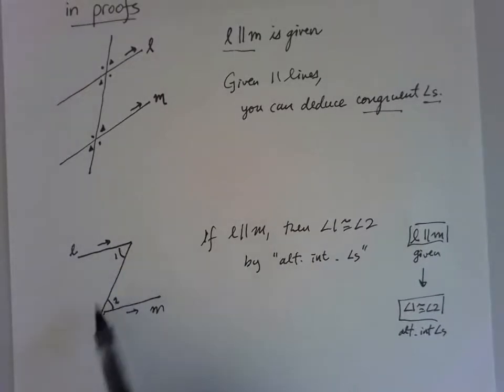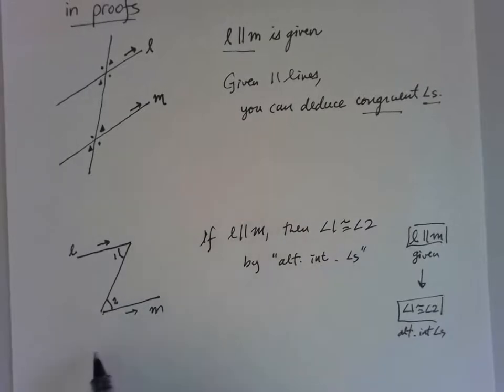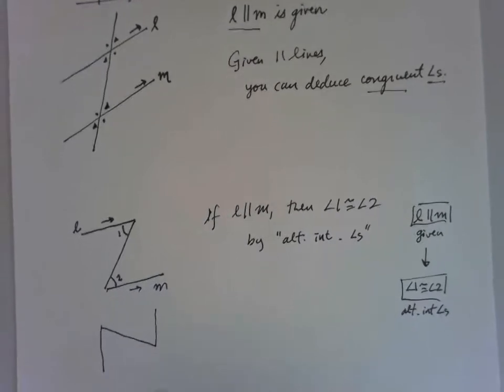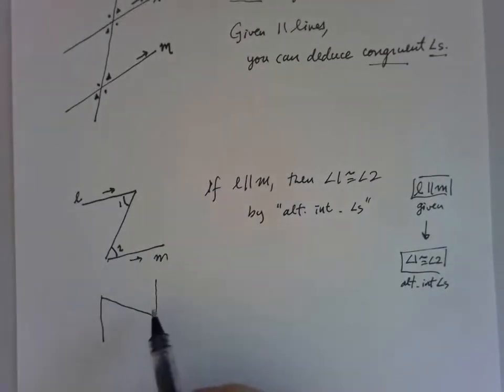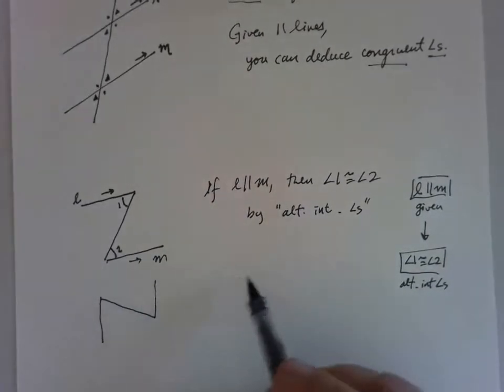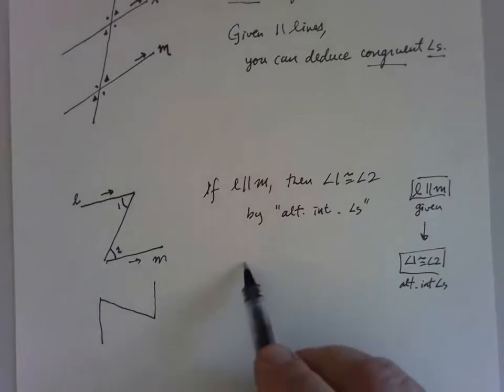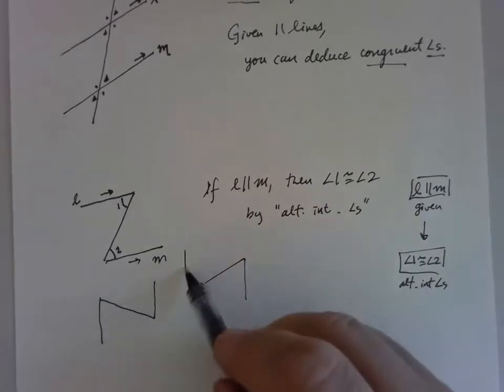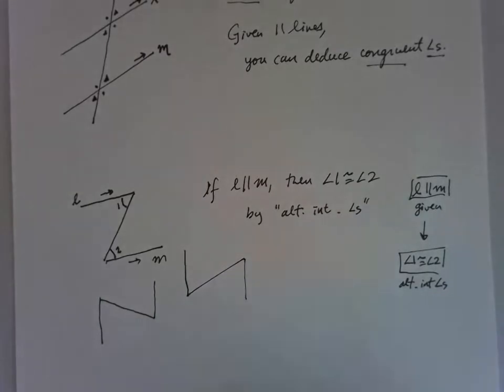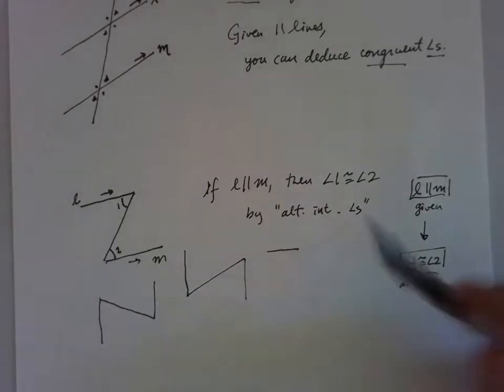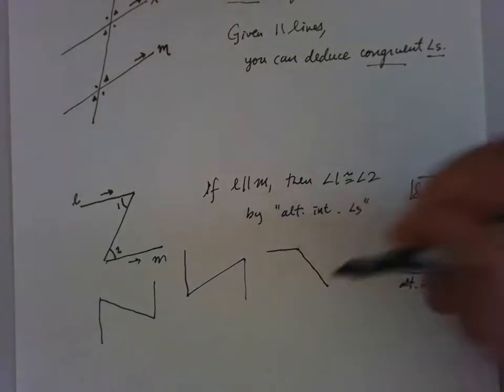Now this configuration, this Z shape, can look different. It can look like an N. This would still be alternate interior angles here. It can be a mirror image N, so it could be something like this. This would still be alternate interior angles. You can even have something really stretched out like this.